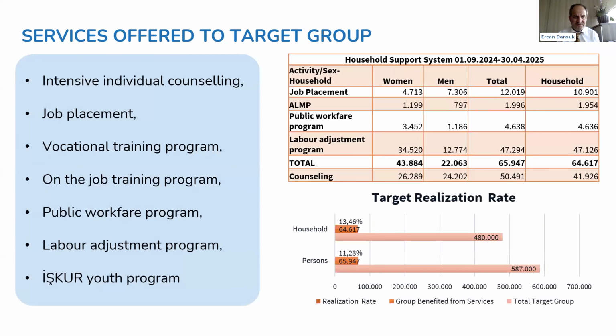After that study, as you see, we have found about 600,000 people who can work in our social assistance system. This project is about 5 or 6 years.